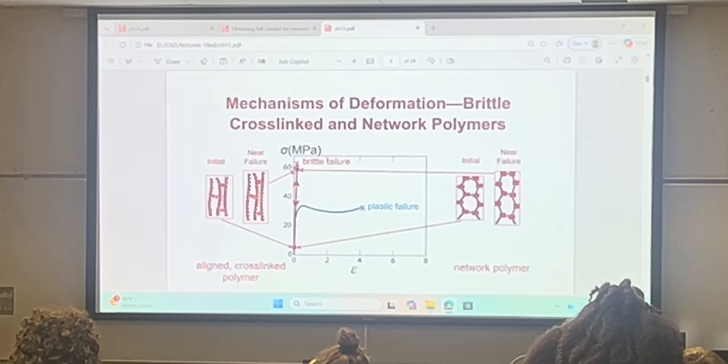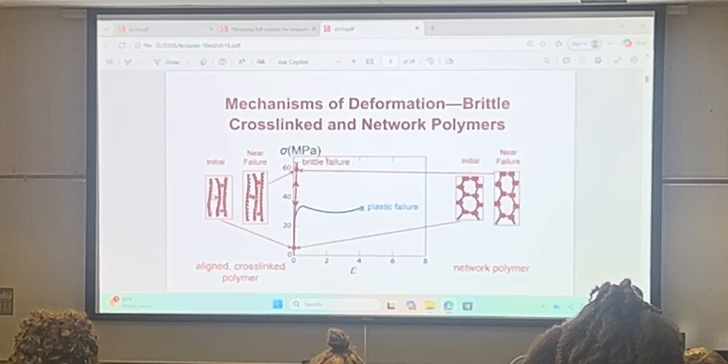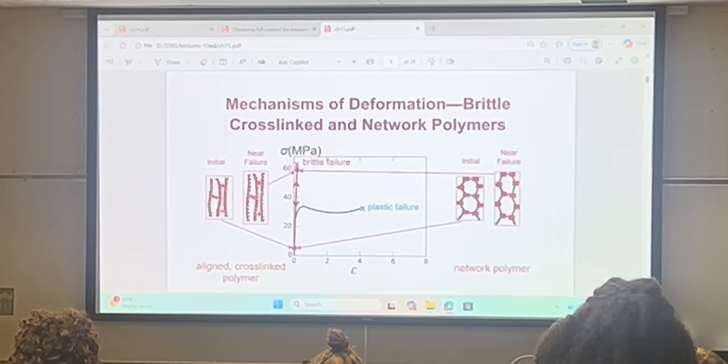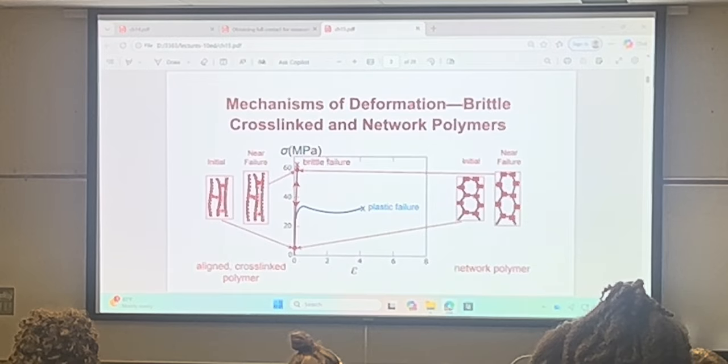For the brittle polymer, you can see that initially those chains are aligned along the tensile direction. Let's say for a cross-linked polymer. And then those bonds get stretched, but they don't get realigned that much. And they fail.